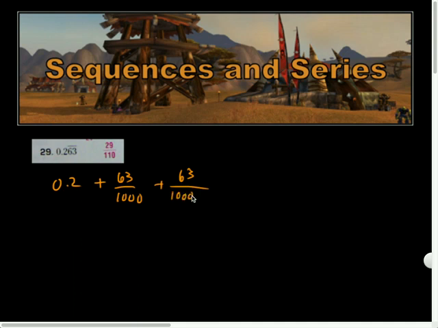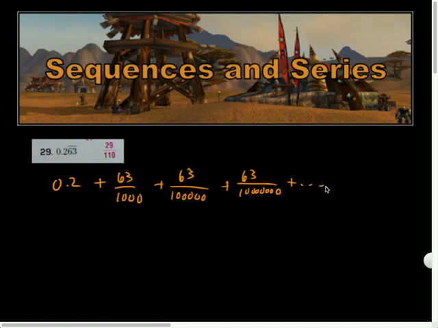Is it? 5. Because it's only 2 more spaces that have been added, so this should only add 2 zeros. This was 3 zeros because I had that extra spot representing it. And then this would be plus 63 over 1, 2, 3, 4, 5, 6, 7 zeros.